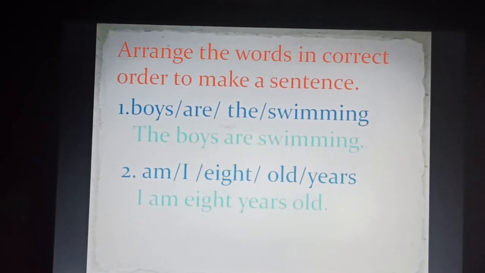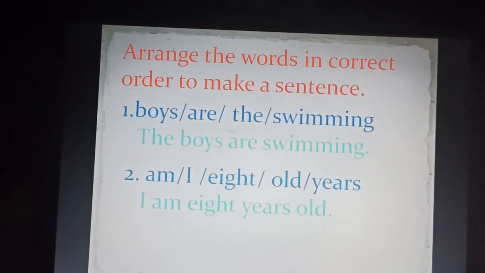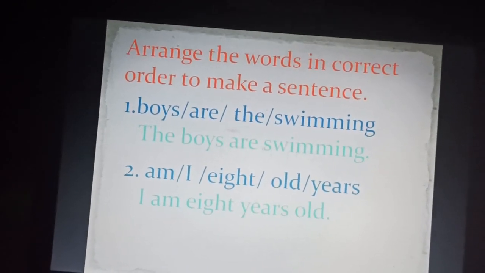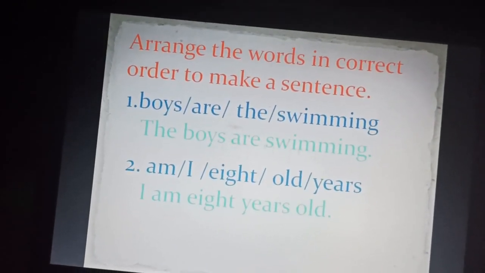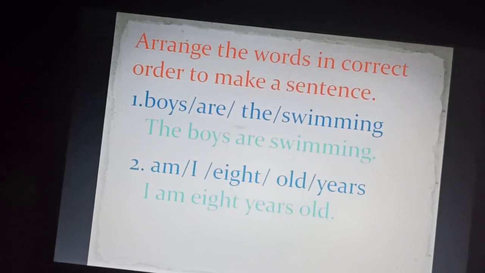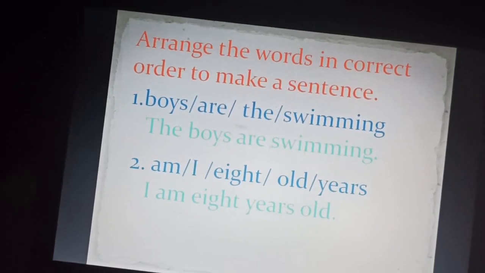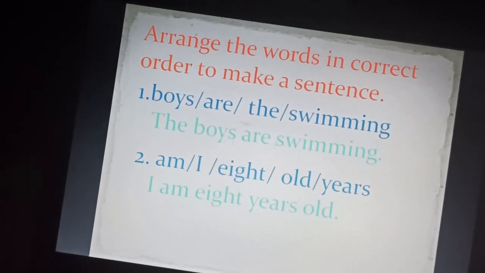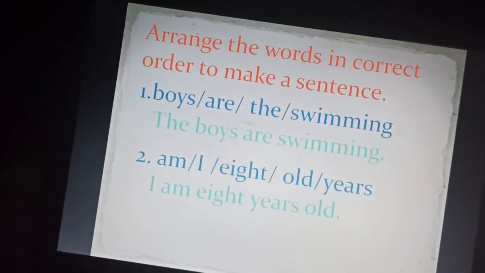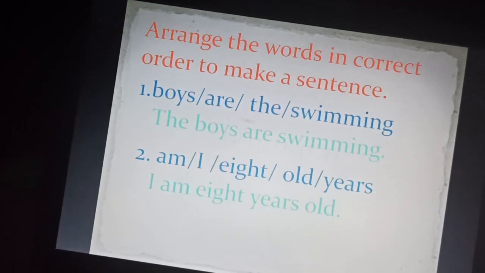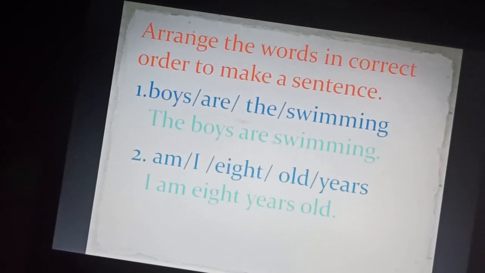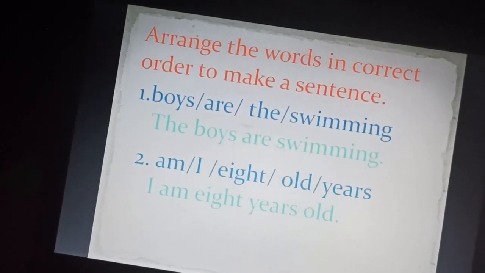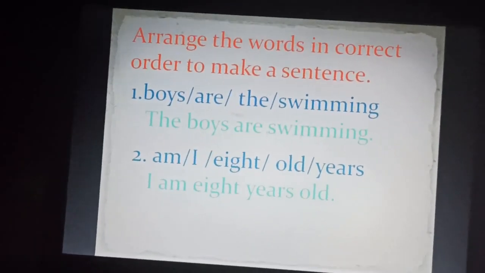I hope you understand that the words are jumbled, and you have to arrange these words in the correct order to make a correct sentence. So in this way you have to make sentences.